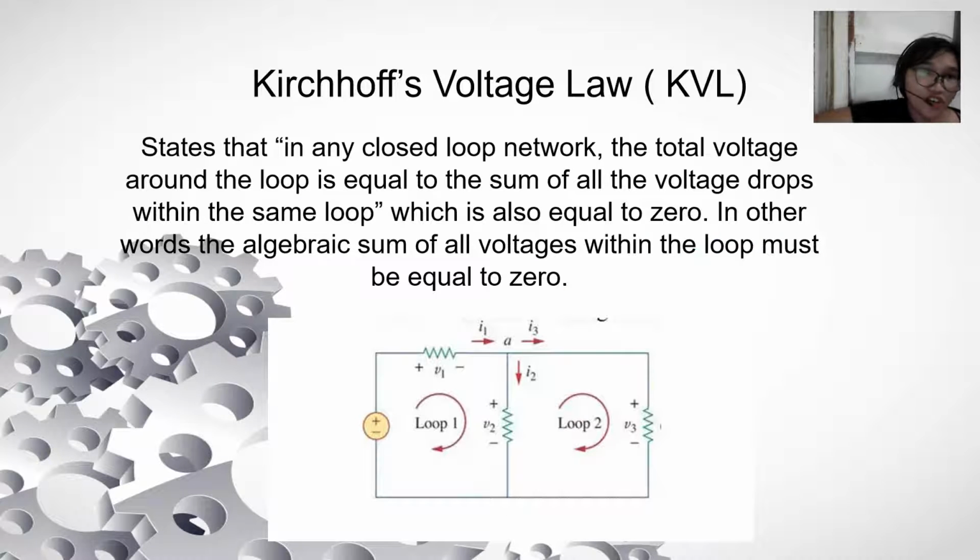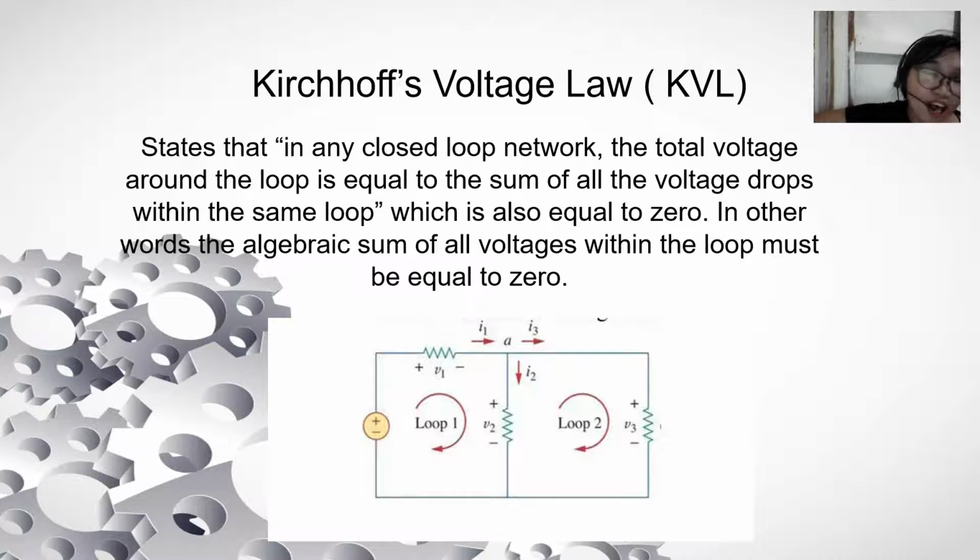In Kirchhoff's voltage law, or KVL, it states that in any closed loop network, the total voltage around the loop is equal to the sum of all the voltage drops within the same loop, which is also equal to zero. In other words, the algebraic sum of all voltages within the loop must be equal to zero.